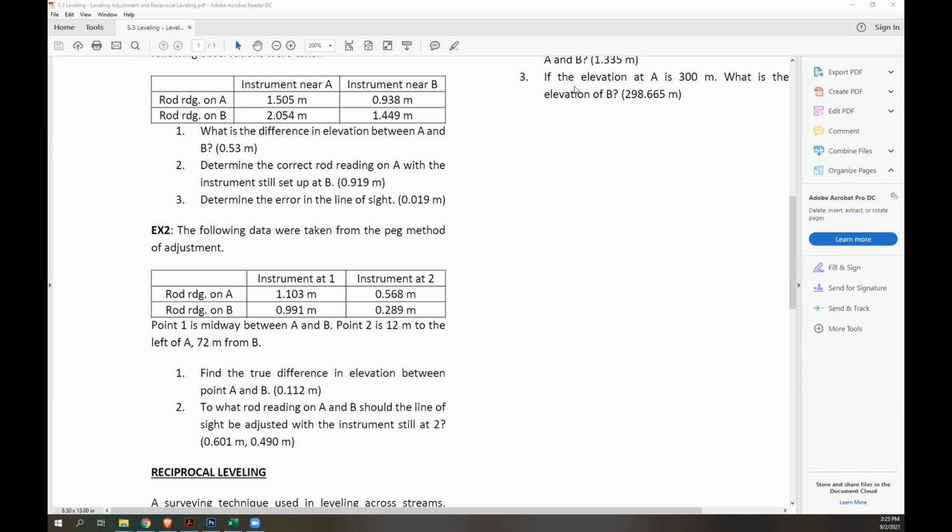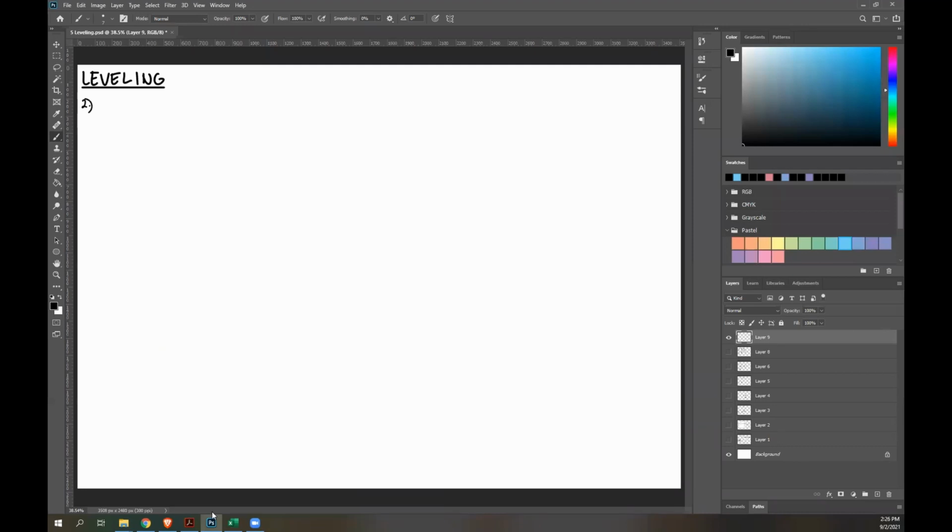Once again, to figure this out, let's solve. Looking here, I'll start with the instrument at 1. The reading at A is 1. The reading at B is 0. Therefore, by analyzing this data, you can say that point A is lower. Point B is at the higher elevation because it's the one with the lesser reading. So let's draw it that way.